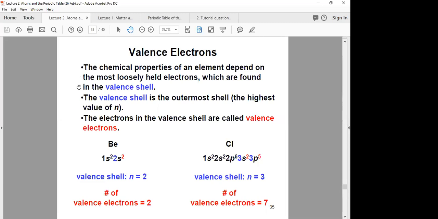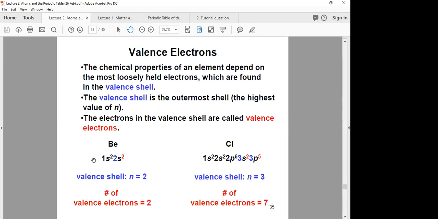This is the outermost shell of a given atom which contains electrons. So the valence shell is the outermost shell, the highest value of n, which contains electrons, and those electrons found in the valence shell are called valence electrons.